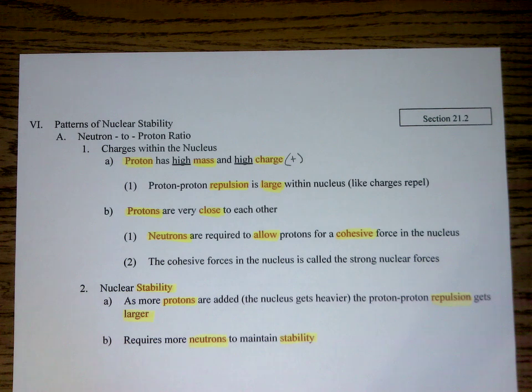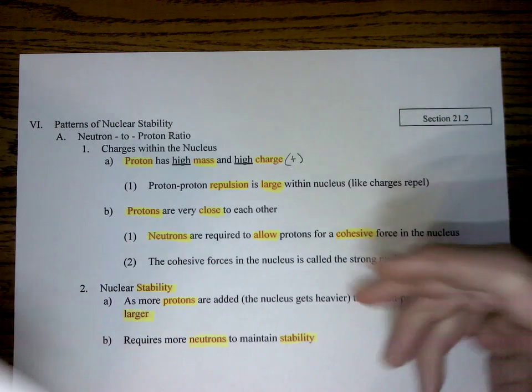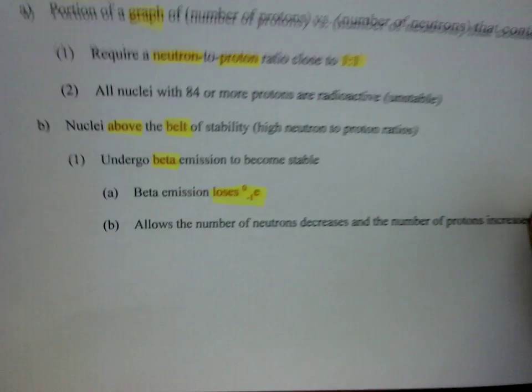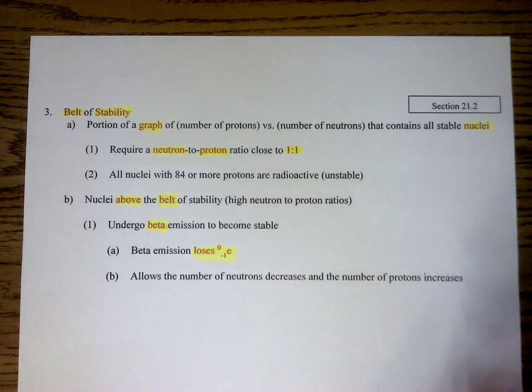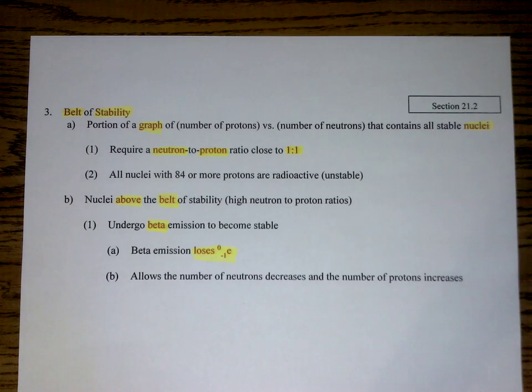So what scientists have found is that as much as you can, elements like to have this 1-to-1 neutron to proton ratio. And as you vary from this 1-to-1 ratio, you're going to begin to decay in certain ways.